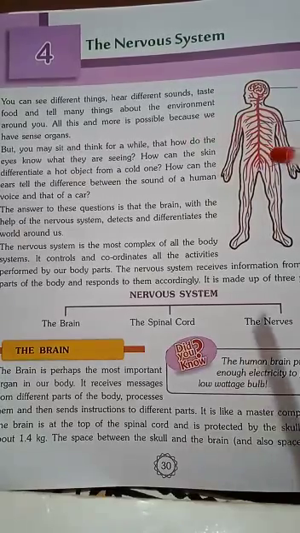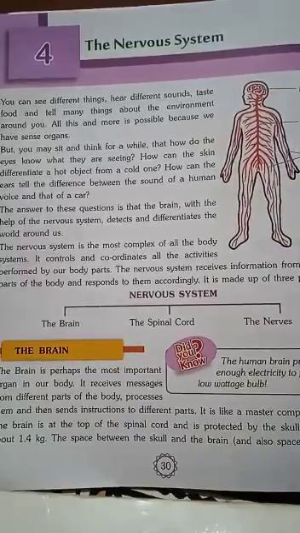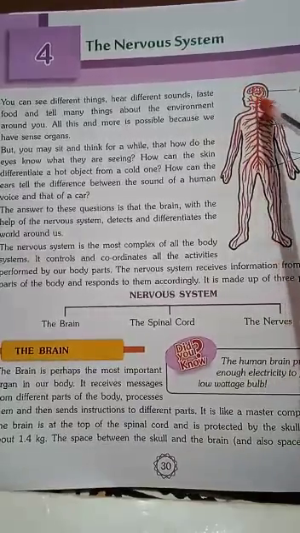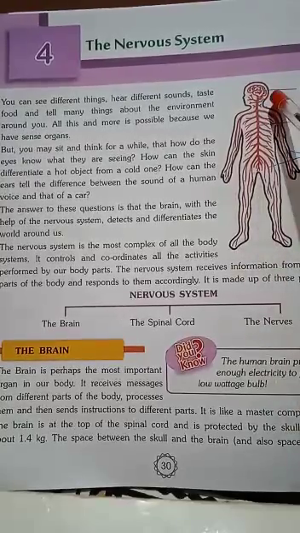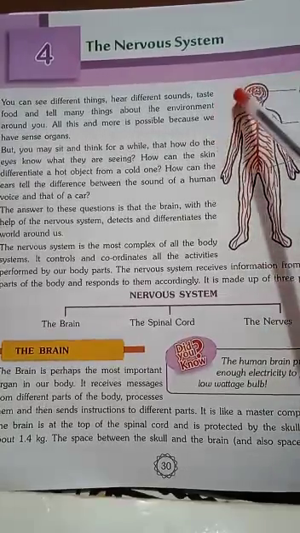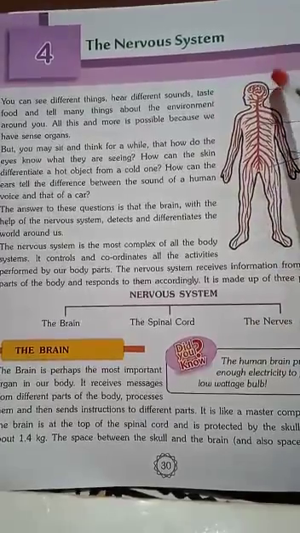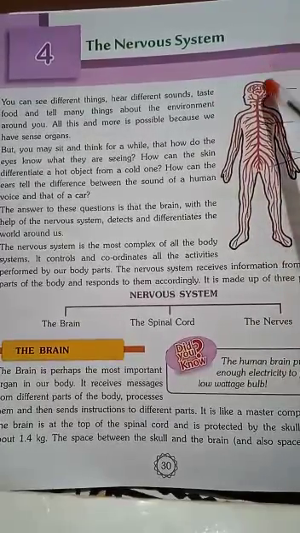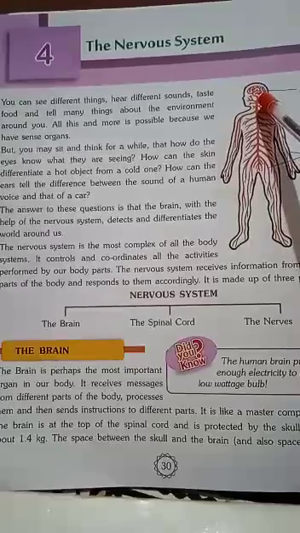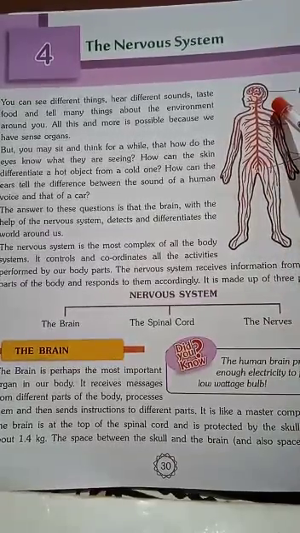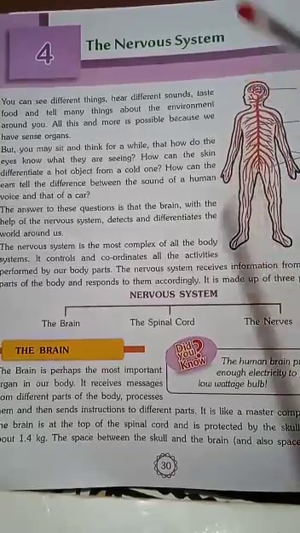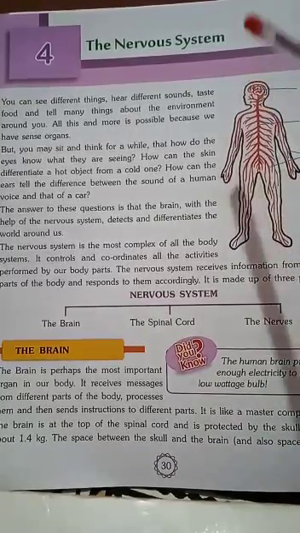All these questions come down to the brain. This brain helps the nervous system differentiate what is around us. The brain makes us differentiate which sound it is, a good sound, a bad sound, a good taste, a bad taste.